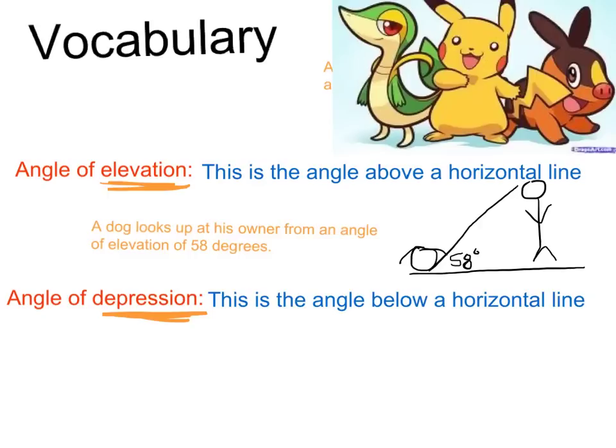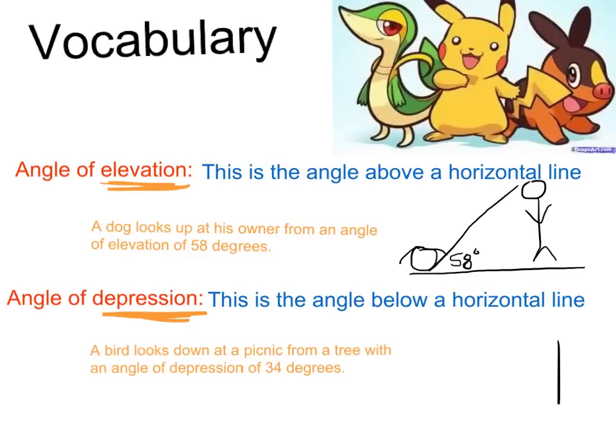The angle of depression, here's an example of that one. A bird looks down at a picnic from a tree with an angle of depression of 34 degrees. Okay, let me see if I can draw this one. So imagine you have a tree, and there's a bird in there. The bird is looking down.